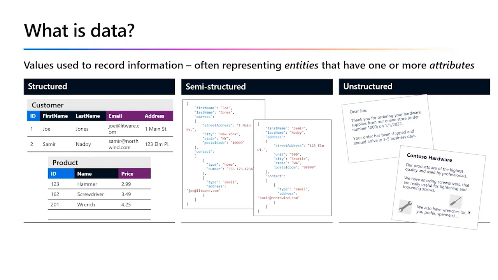Think of structured data as a well-organized system where everything is neatly arranged according to a predefined pattern, like a filing cabinet. In this filing cabinet, each drawer represents a different category of information, and within each drawer, folders are labeled clearly, making it simple to find exactly what you need. For example, imagine a filing cabinet in an office where each drawer represents a specific type of record: customers, orders, or products.